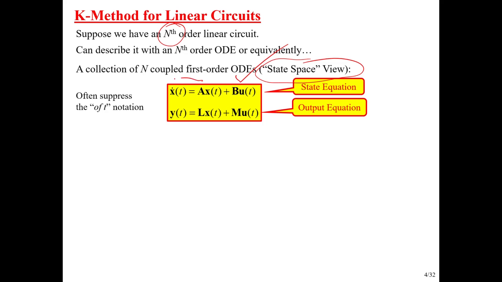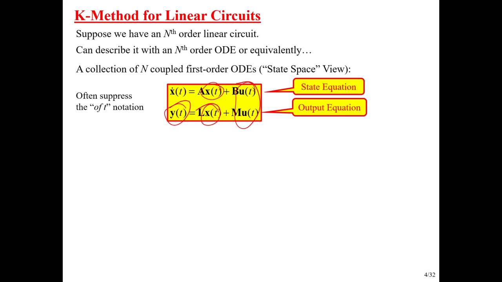A little bit of different notation here. We've seen this a few note sets ago, but now David Ye uses L and M rather than C and D like we did before, but still uses U as the input, not the unit step, it's just whatever the input is, and uses X as the state vector, and still uses Y as the output.